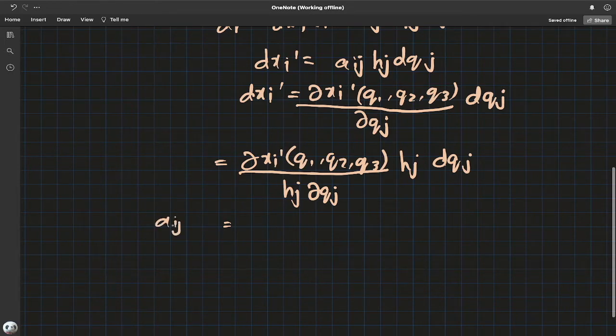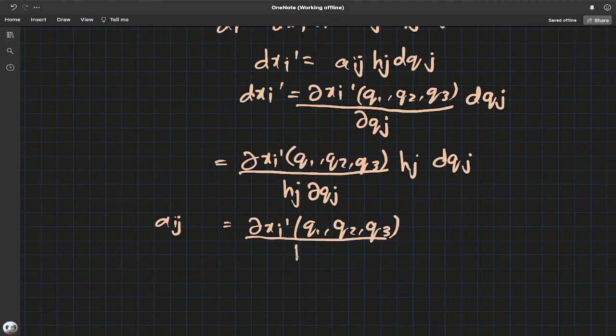This makes a sub ij now simply the partial with respect to q sub j, and this matrix takes us from the curvilinear system to the primed system, which was the Cartesian.